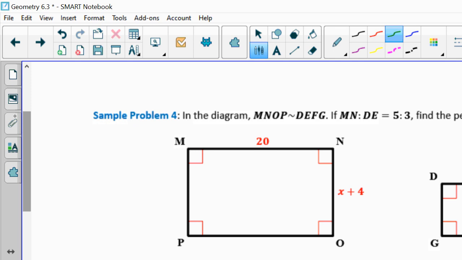So here, my perimeter of MNOP, okay? The perimeter of DEFG. I need to find out what X and Y are, right? I know that my scale factor is 5:3.